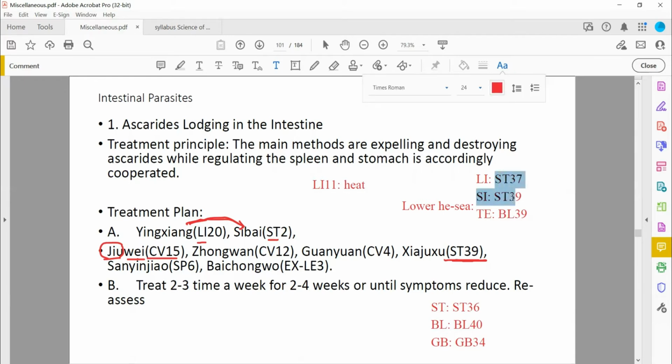Instead, we use the lower He-Sea point to target the organ. So if there's something wrong with the large intestine, we don't use LI11. We use lower He-Sea, stomach 37. If something is wrong with the small intestine, stomach 39, right? TE has bladder 39.